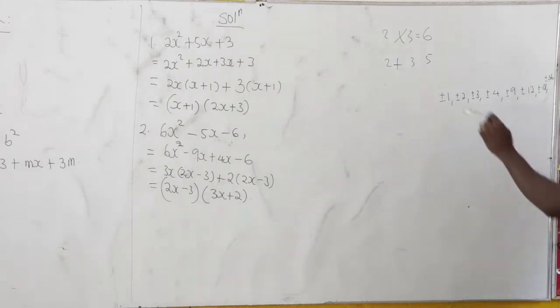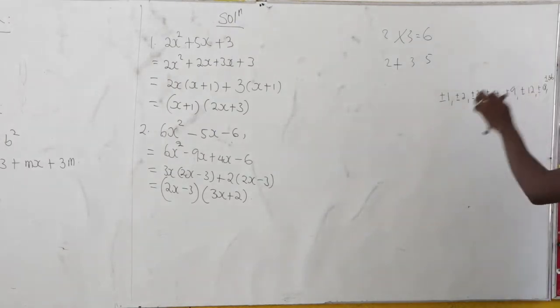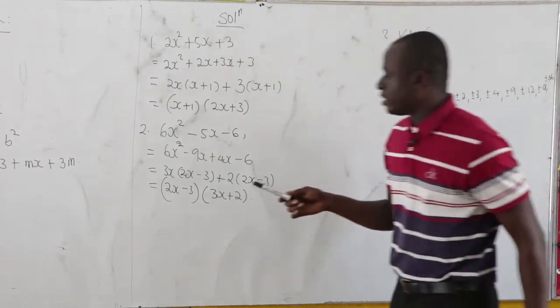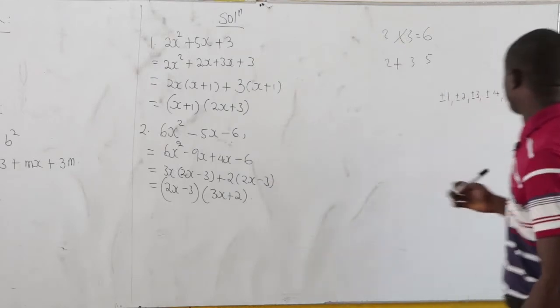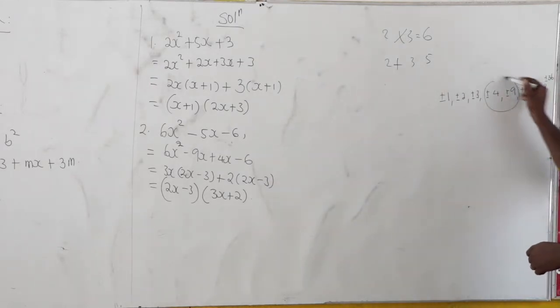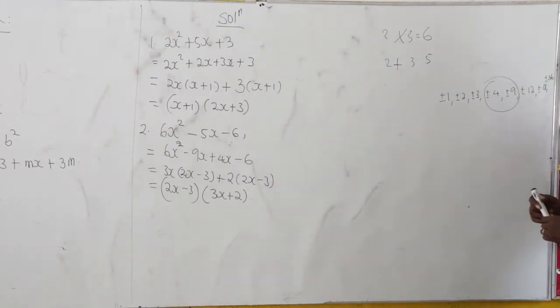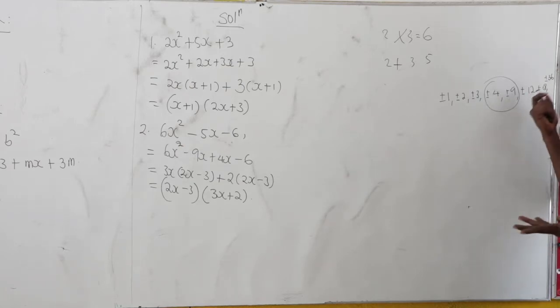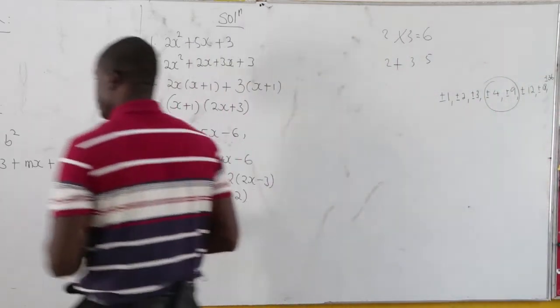Why? Now 1 times this will give us 36, and then 2 times 18, 3 times 12, 4 times 9. So which of these, when you add, will give negative 5? Clearly the factors will be within this. So positive 4 and negative 9 work. So we have to consider them like that. So that's how we add it.